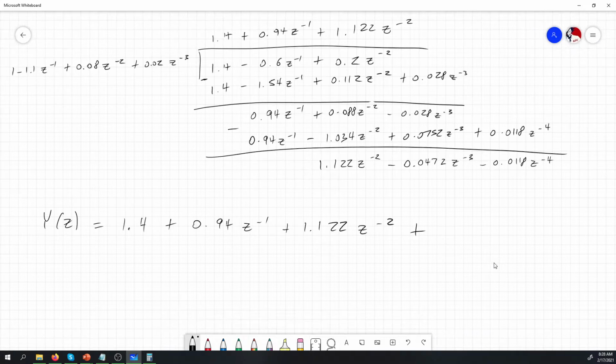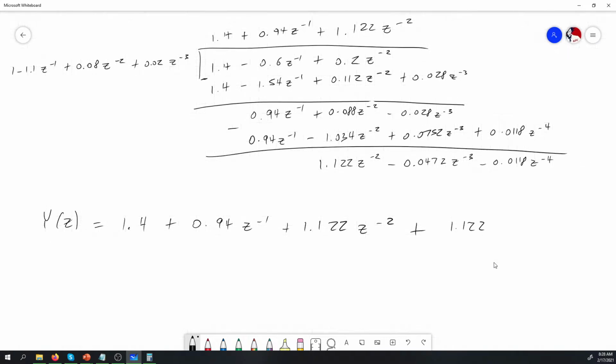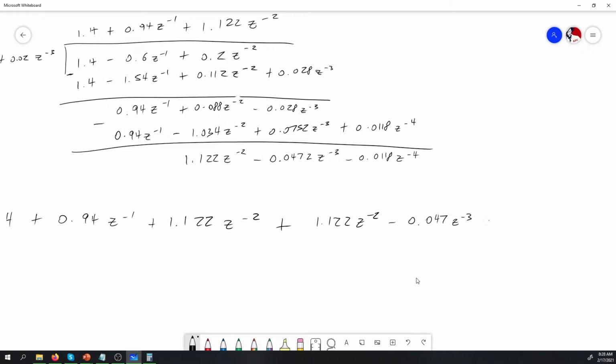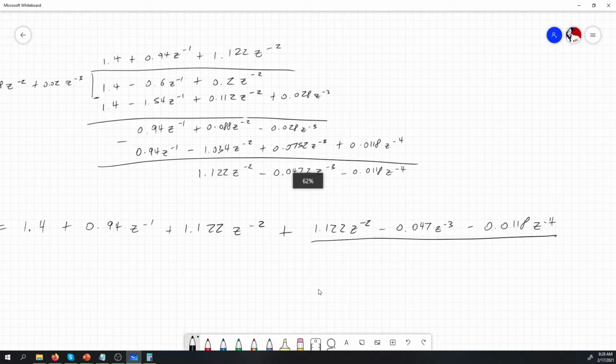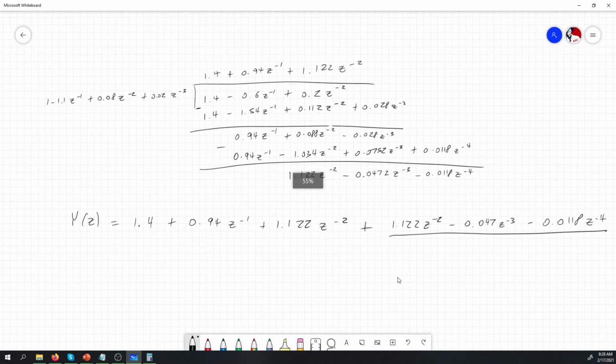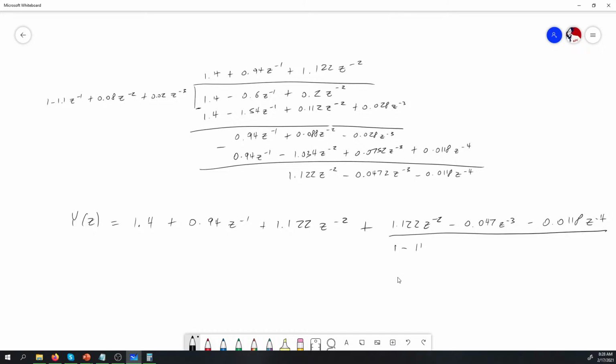That's 1.122 z to the minus 2 minus 0.047 z to the minus 3 minus 0.0118 z to the minus 4, and this remainder needs to be divided by our original denominator, which is 1 minus 1.1 z to the minus 1 plus 0.08 z to the minus 2 plus 0.02 z to the minus 3.